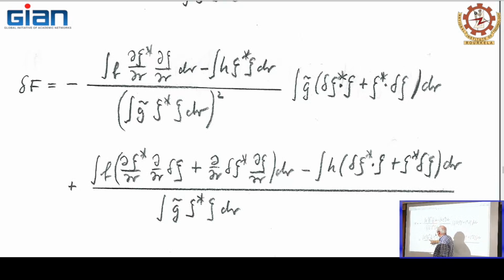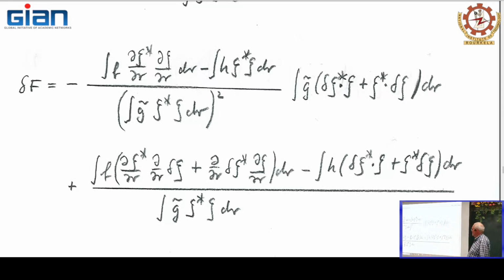So this is the zeta star times d by dr, the variation of zeta, plus the next variation will be delta zeta star times d zeta by dr. And for this term we have h times delta zeta star, which is the variation of this term, times zeta, the product rule, plus zeta star times the variation of delta zeta.